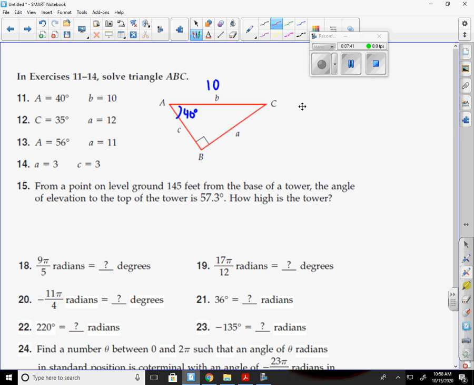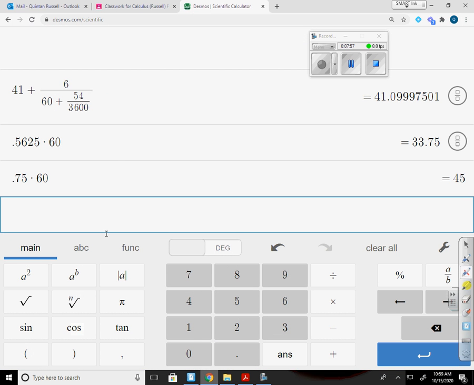So I guess it's not that bad. Sine of 40 equals opposite over hypotenuse. So A equals 10 sine 40. Remember that these are degrees, so I need to keep it in degree mode. It is already in degree mode. 10 sine 40, 6.43.